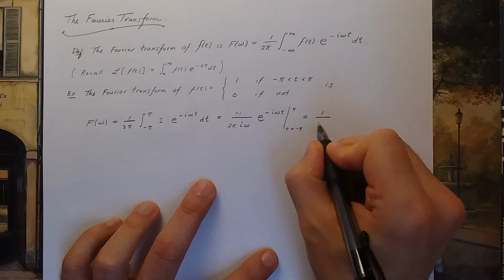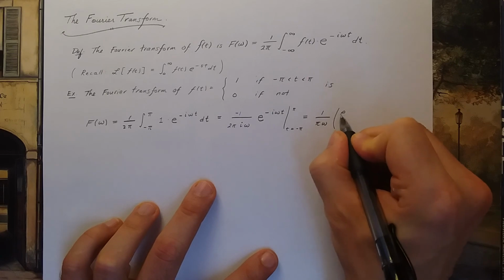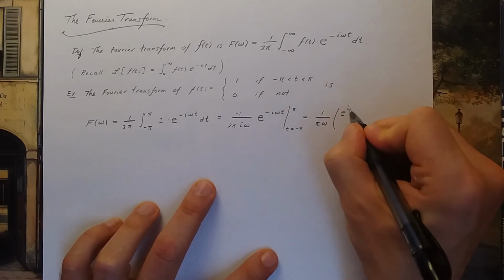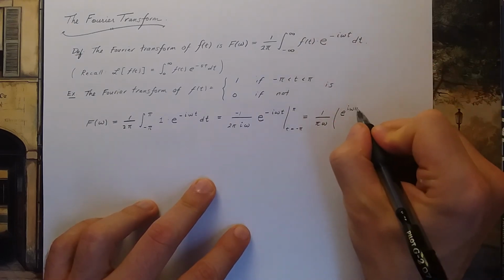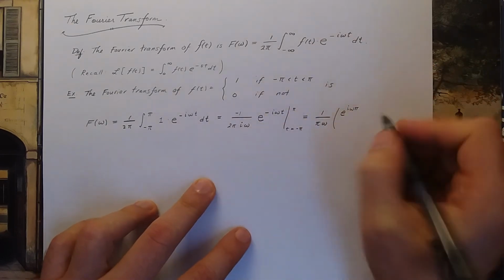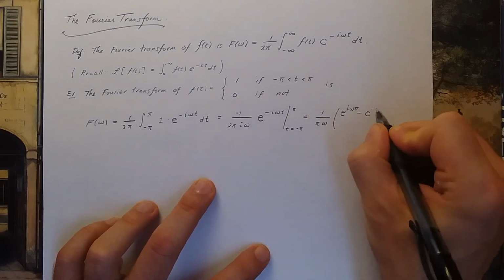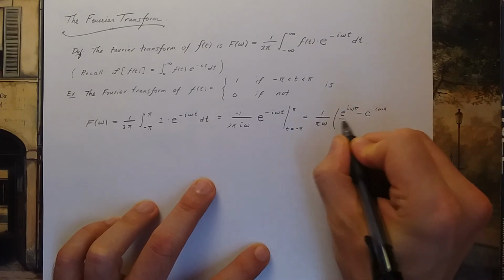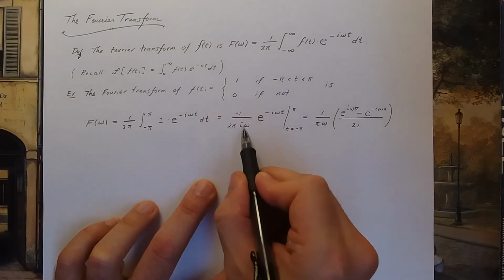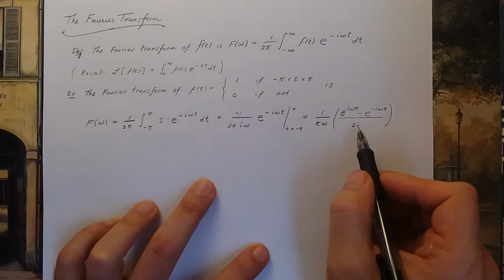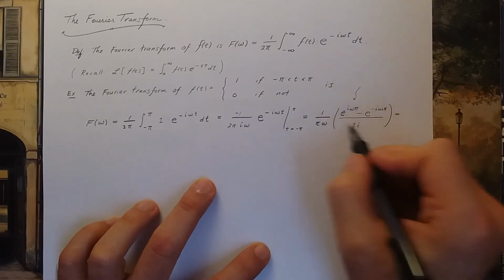1 over pi omega times e to the i omega pi minus e to the negative i omega pi over 2i, so I'm plugging in t equals negative pi and pi. And if you do a little bit of the work and simplify a tad, I think you'll find this. So I decided to take the 2i and put it down here instead because I recognize that this is the sine function.